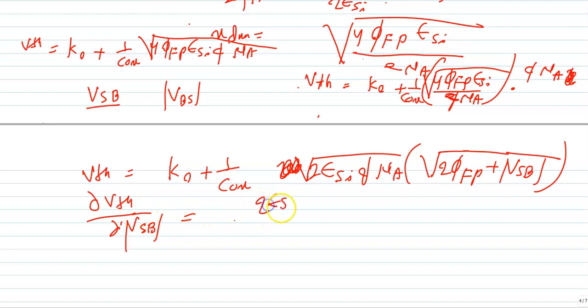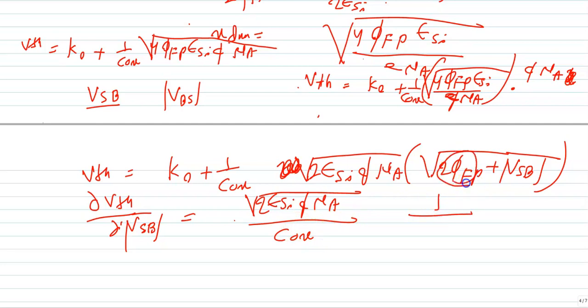So we have 2 epsilon silicon q Na root over upon COX, and with simple differentiation, this is your constant. Then 2 phi Fp plus VSB magnitude root over, and as you know the differentiation of this will be half, another half.